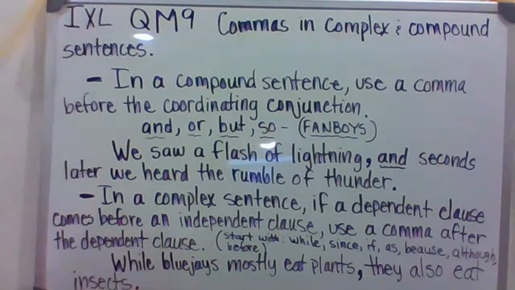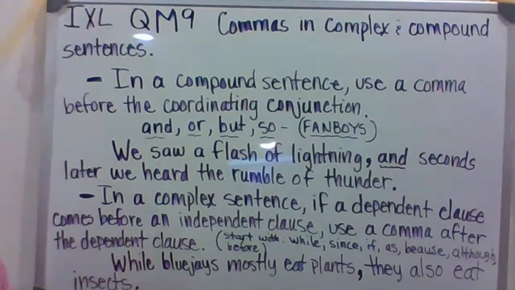Okay. So let's go ahead and look at this sentence that's down here. It says, while blue jays mostly eat plants, comma, they also eat insects. So is there one part of that one sentence that needs help? So take it from the comma to the beginning. While blue jays mostly eat plants.